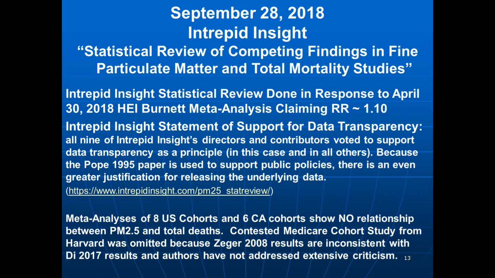I had a group of UCLA graduates and graduate students who had formed a sort of consulting enterprise called Intrepid Insight, do a statistical review of competing findings in fine particulate matter and total mortality.